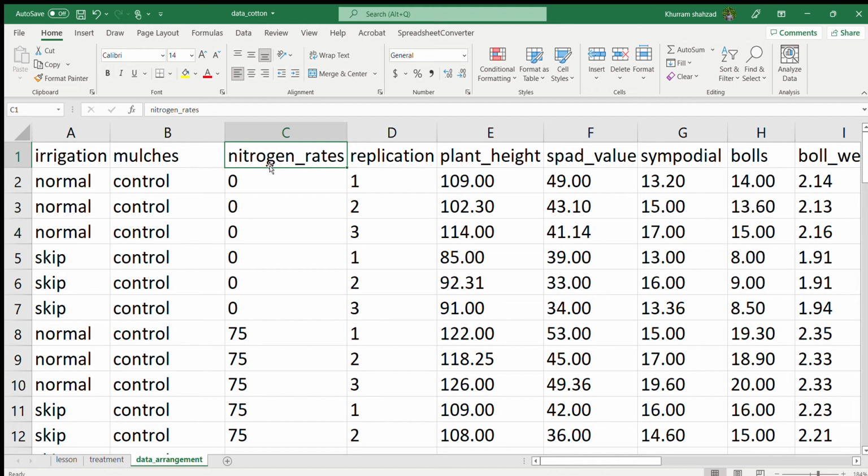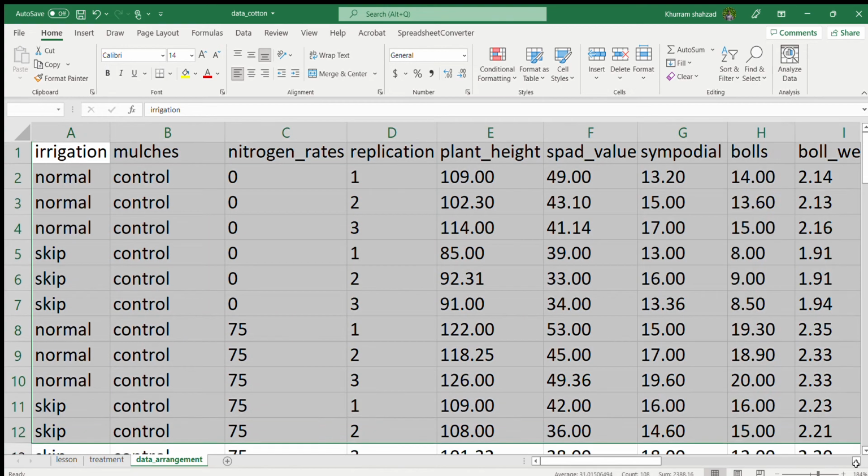So try not to give any space between the names of parameters and factors. Also in the file name, data underscore carton, do not give a space between the name of the file.